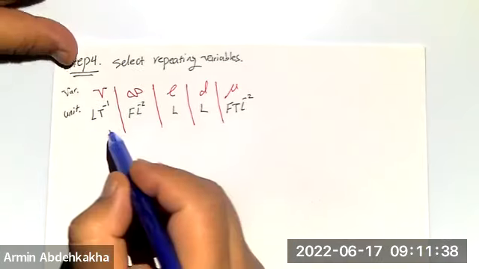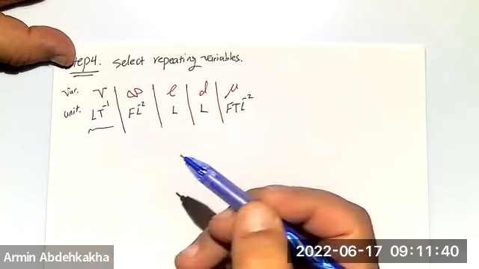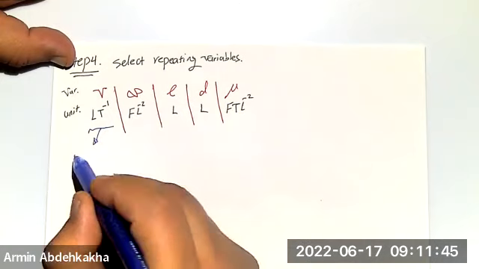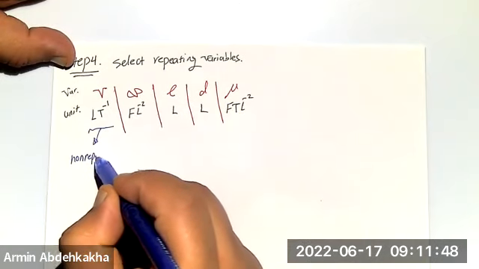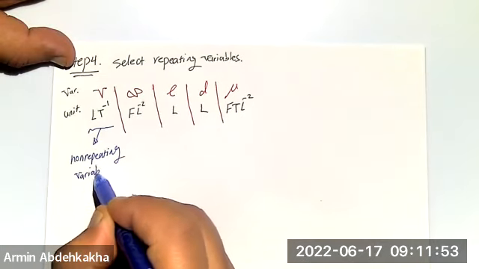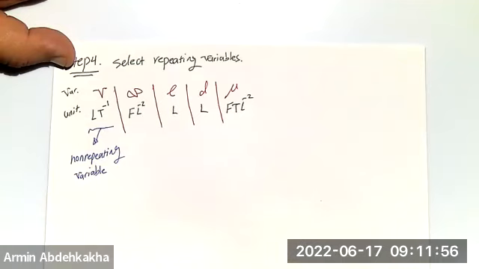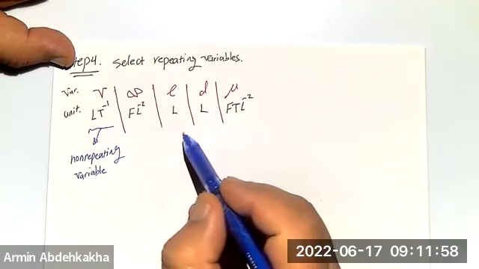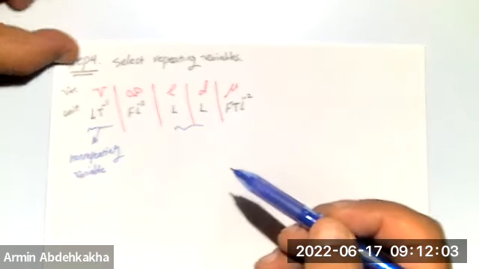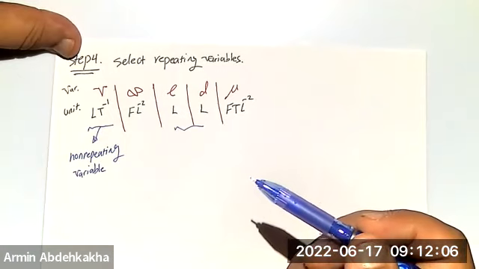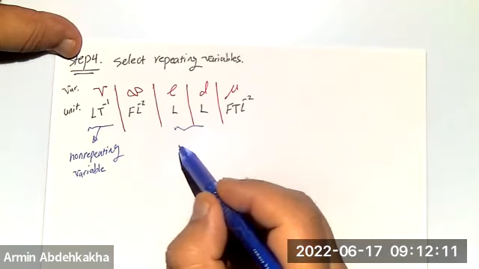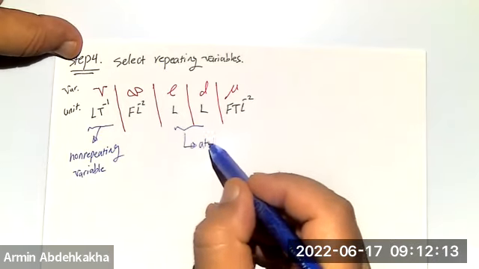At first, from the question, you know that V is dependent. So for sure, this should be one of the non-repeating variables. And second, D and L are the same, right? They have the same unit, so because they are simple, at least one of these should be selected.